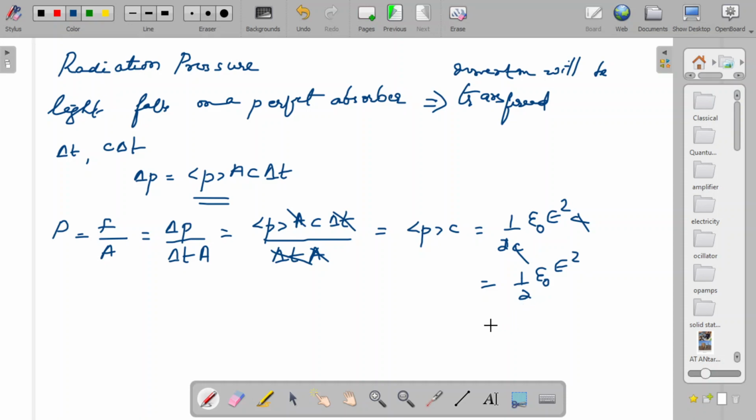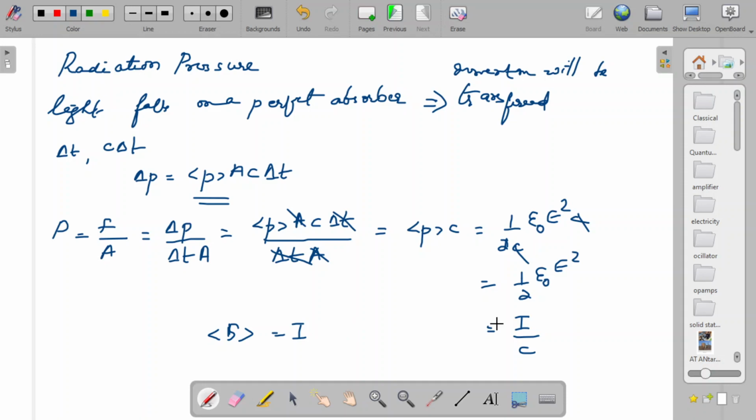What is this, half epsilon 0 E square? That is the energy density. The Poynting vector's average value S is equal to the intensity I, so in terms of I, I can write it as I divided by c. That is half c times epsilon 0 E square.